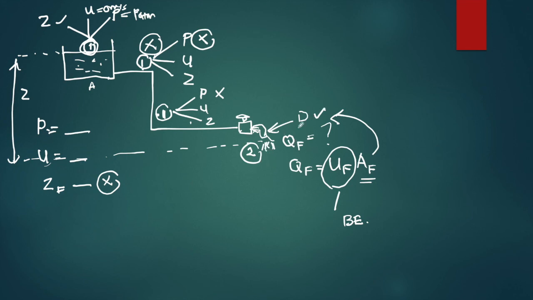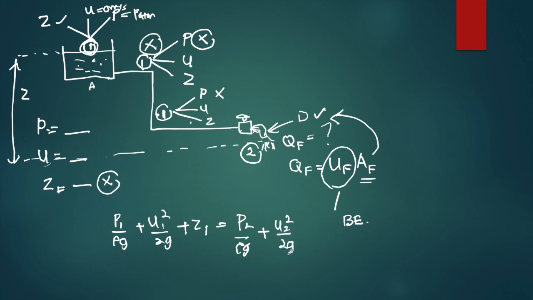Then apply Bernoulli's equation: P1 over rho G plus U1 square over 2G plus Z1 equals P2 over rho G plus U2 square over 2G plus Z2.